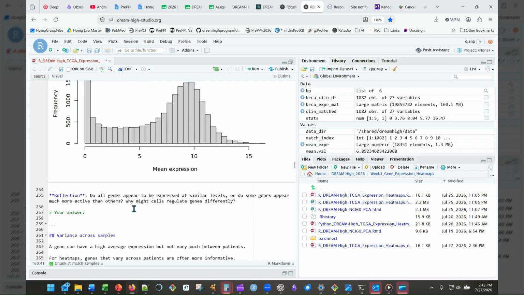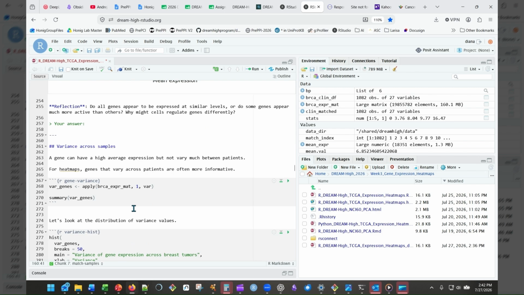So here's a reflection for you. We talked about reduction of dimensionality when we met last time. We want to see if we can do that here. We want to take fewer samples, and we're making a hypothesis that the genes that have the largest variance, meaning that they change the most across patients, carry more information.